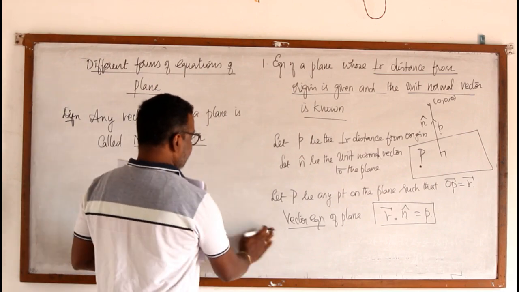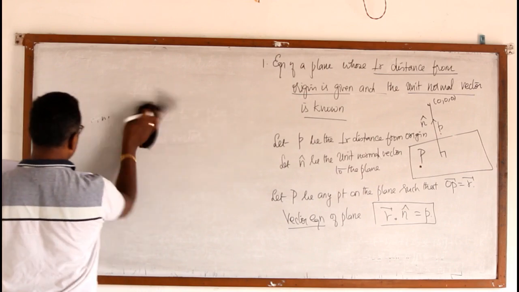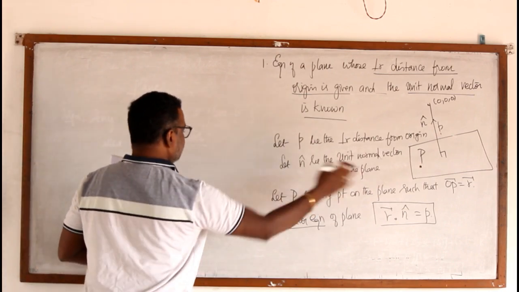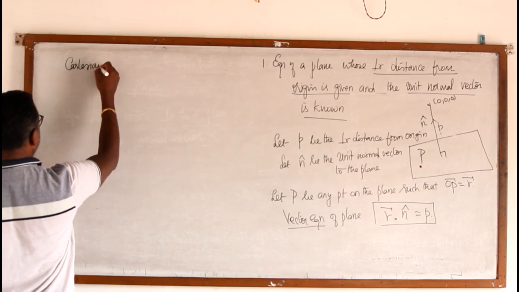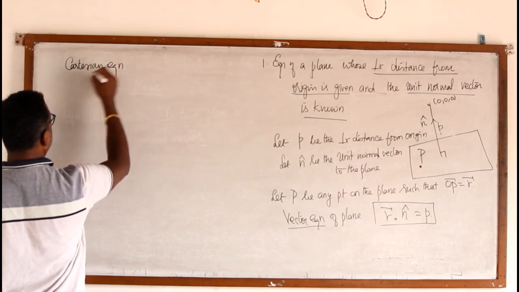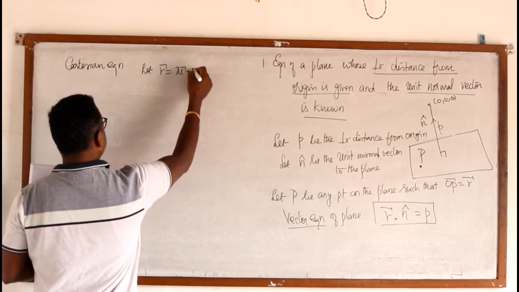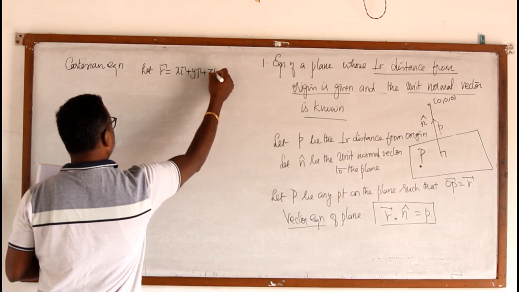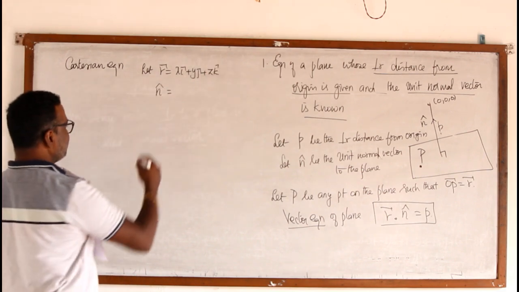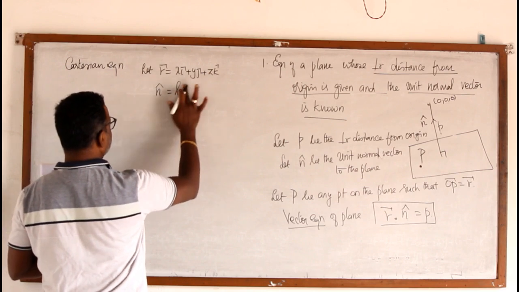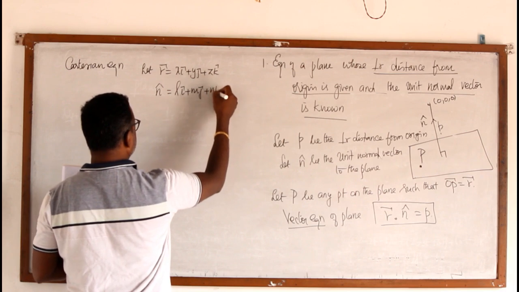Now, the Cartesian equation. We are not proving, we are just taking the answer. With r vector, we always take xi plus yj plus zk, and n cap being the unit normal vector, we take it as li plus mj plus nk.